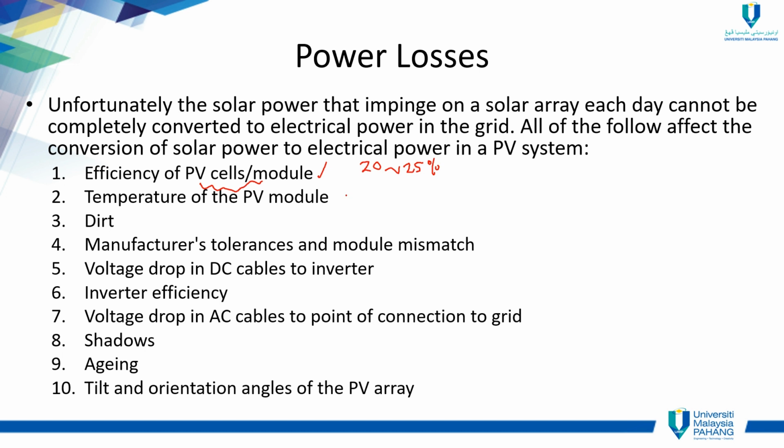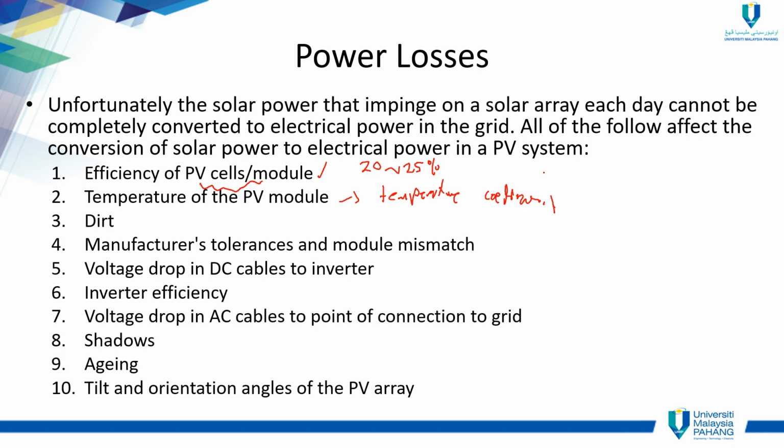Next is the temperature of the PV modules. You have all played with the temperature coefficient. When the temperature gets higher, the voltage significantly drops, and when the voltage drops, the total power also drops.